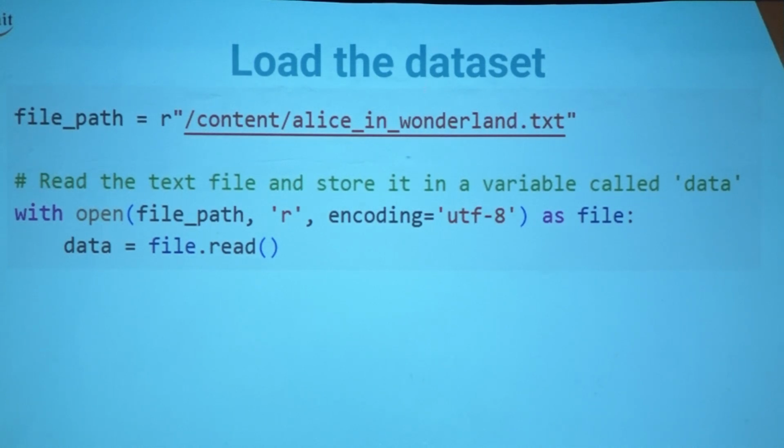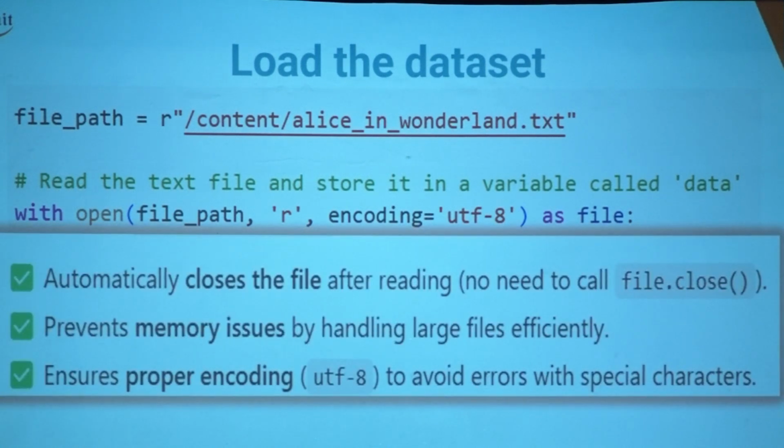Here you can see there is something called encoding. So what are we doing here? With open file path comma r, and then you are providing what encoding to use. It will prevent memory issues when you use it this way, and then proper encoding. What is this encoding? It is similar to ASCII encoding.